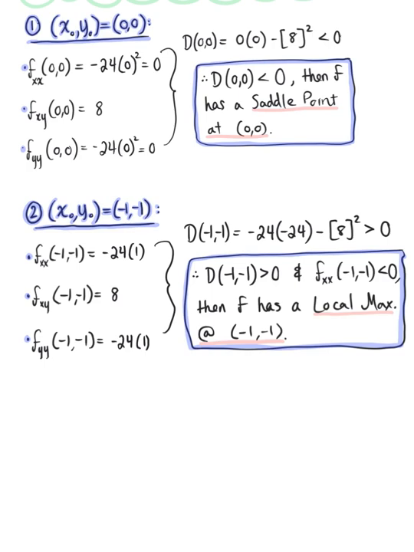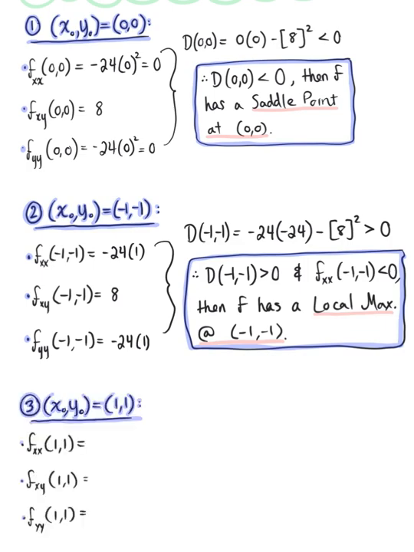And last but not least, we want to check the critical point (1, 1). Plugging in this ordered pair to our second order partial derivatives, the second order partial derivative of x with respect to x is negative 24 multiplied by 1 squared, which is 1. We have the second order mixed partial derivative is, again, 8 no matter what.